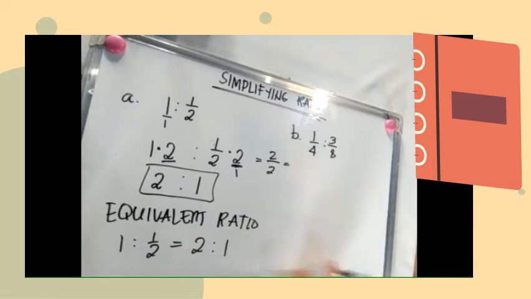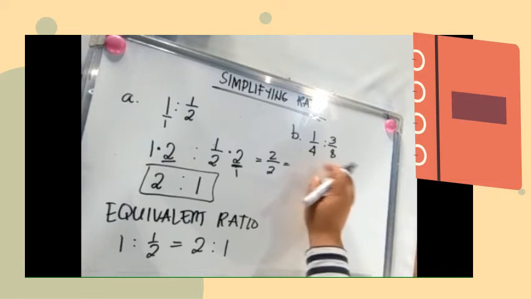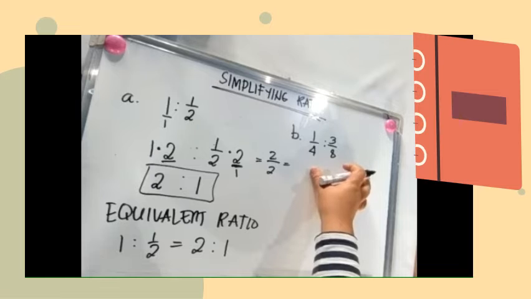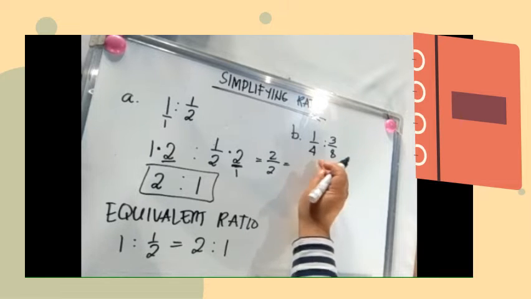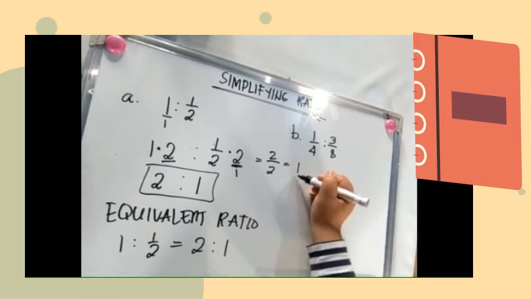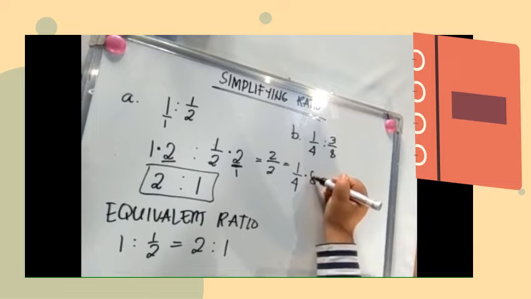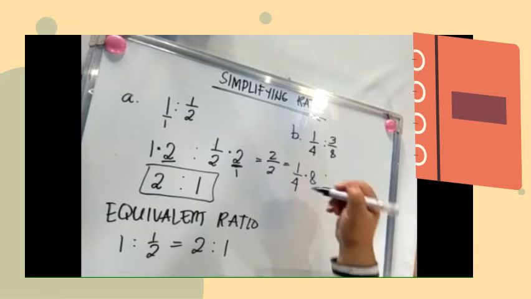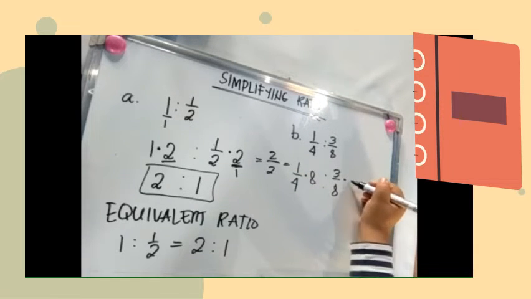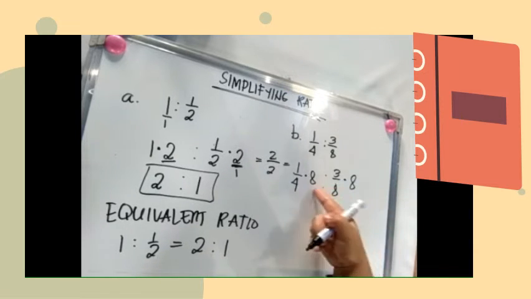So, sa kalibutan, we have to look for a least common denominator or LCD between the two terms. So, what is the LCD of 4 and 8? We have 8. So, multiply nimo ang first term, 1/4 times their LCD, which is 8. And then, the second, 3/8 times 8.